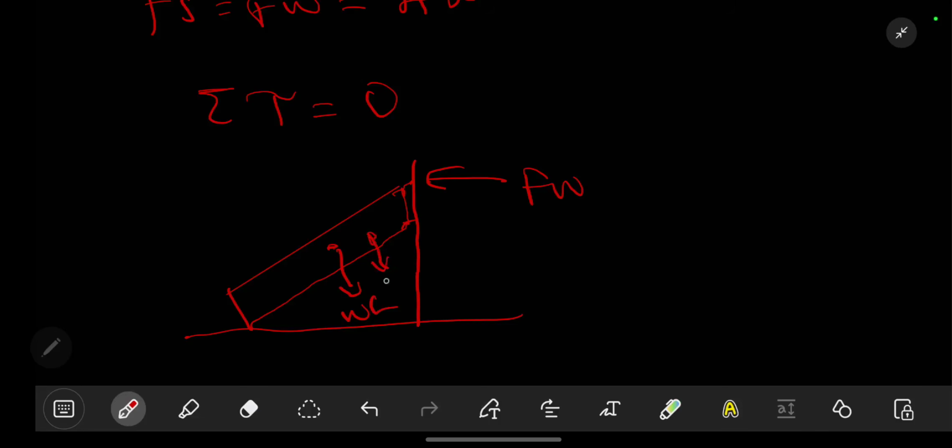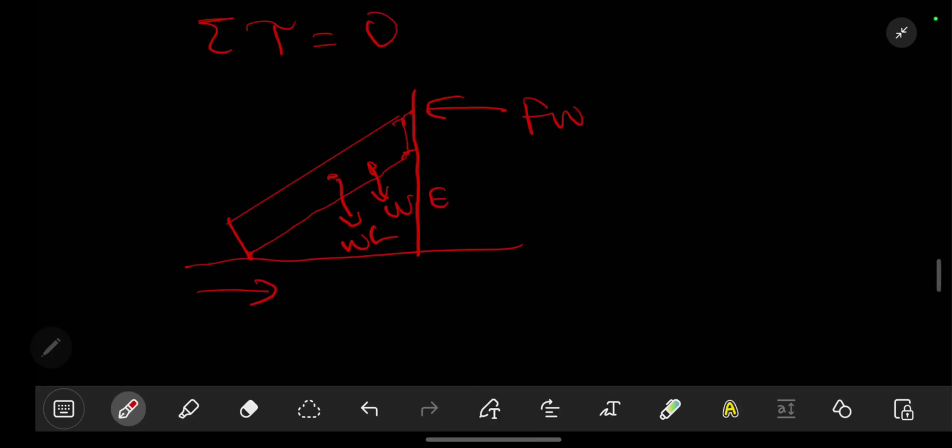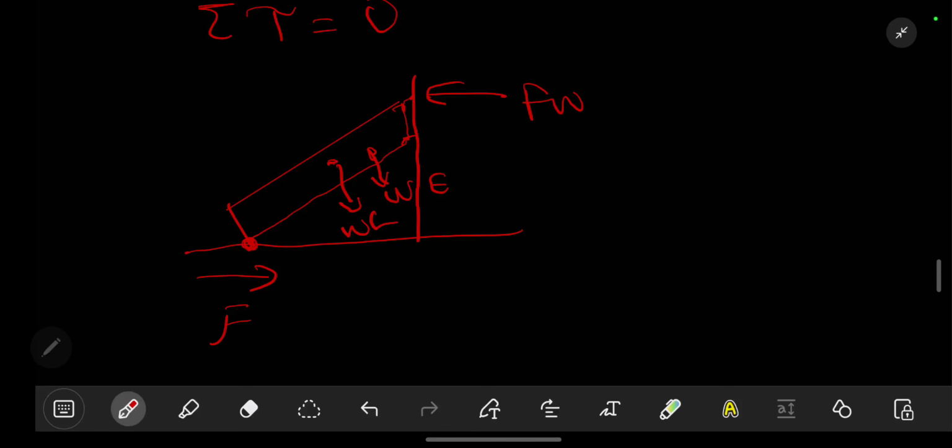The frictional force will not produce any torque because it is passing through the pivot point. The normal force will also not produce any torque, since both of them are passing through the pivot point, or the point of contact there.